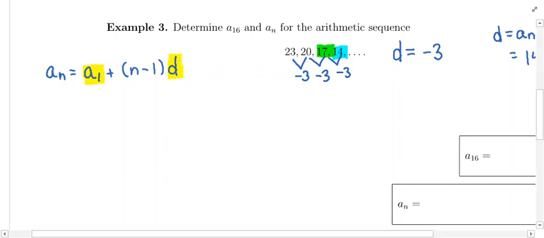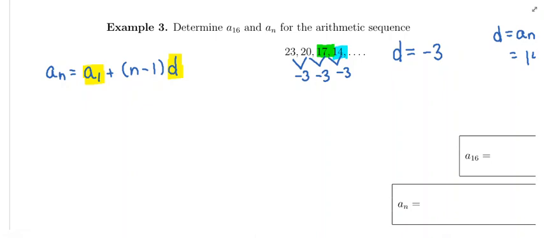The AN is going to stay AN because we're coming up with a formula for the nth term. And then n is going to stay n. We need to be able to plug in an n value to get the nth term. So when you're using this formula, you're always plugging in A1 and D.